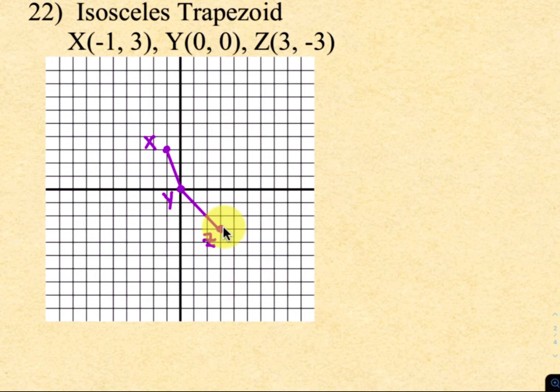So if I start at Z and I go down 1 and over 3, that puts me around this point here. So let's see what happens. If we put a point here and then connect this point to Z and also connect this point to X, yes, then that looks like we have an isosceles trapezoid where XY and ZW are congruent. So W is this point here at 6, -4.